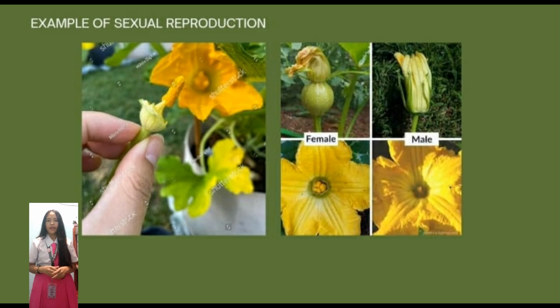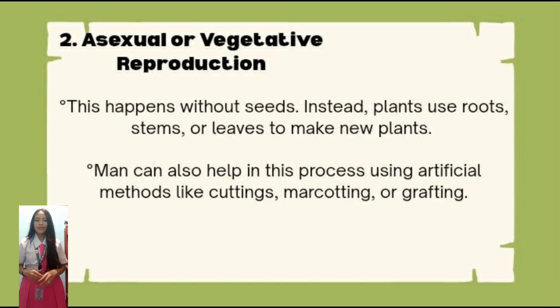The male squash flower and the female squash flower join together to produce fruit. And lastly, asexual or vegetative reproduction. This happens without seeds.